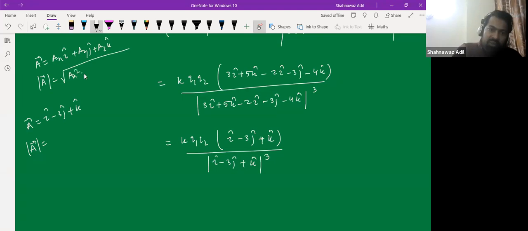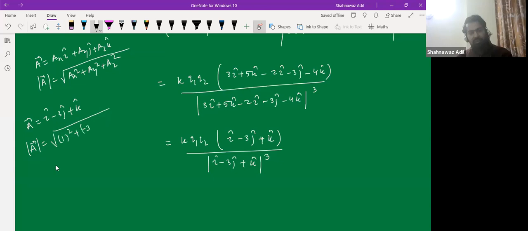This was the square root of A x square plus A y square plus A z square, right? So how much is that? That would be 1 square and minus 3 square and 1 square again. This would be root of 1 plus 9 plus 1.